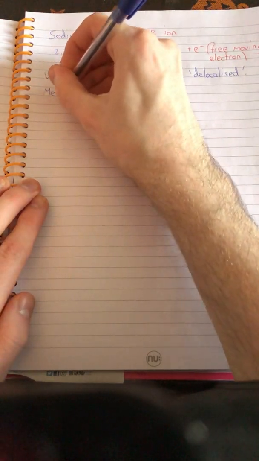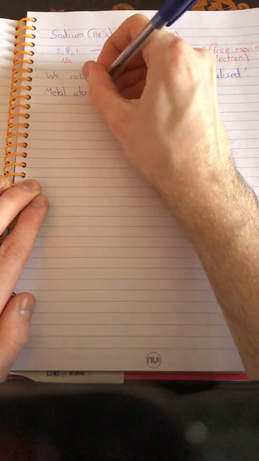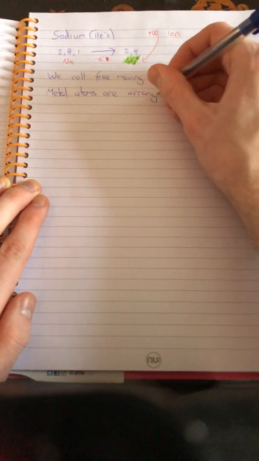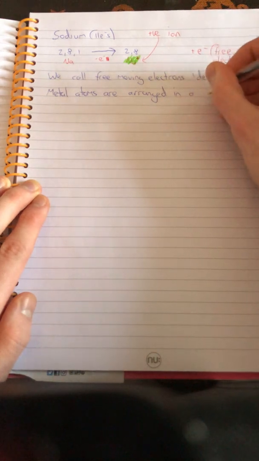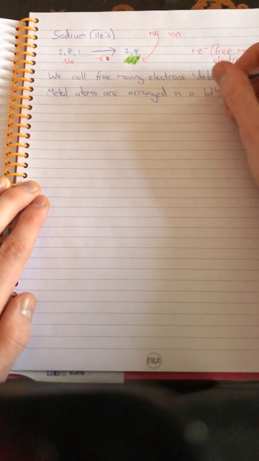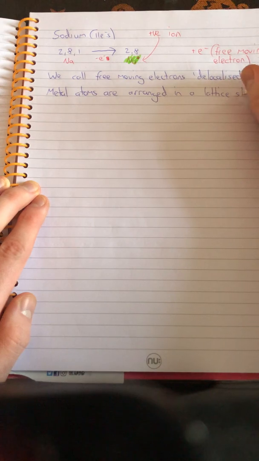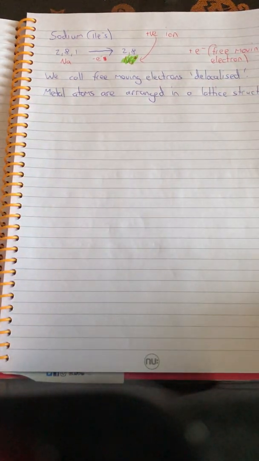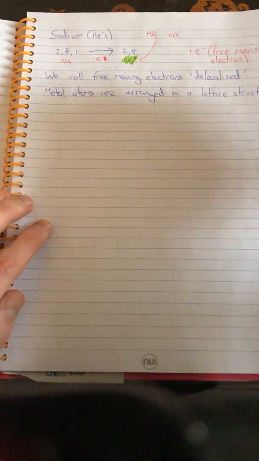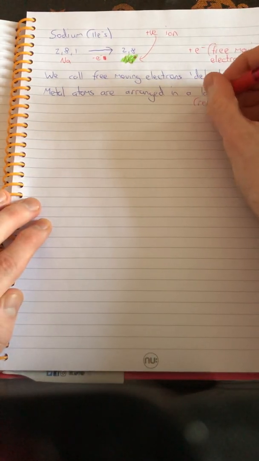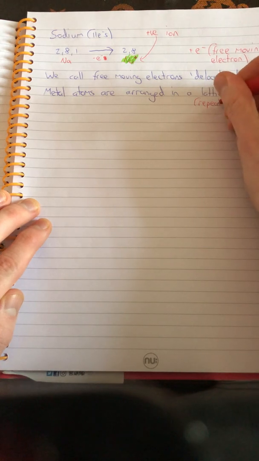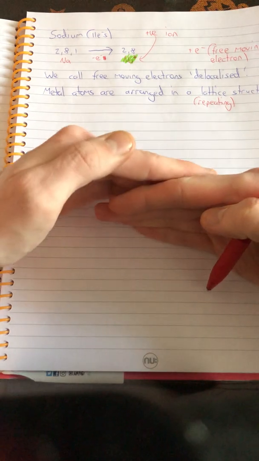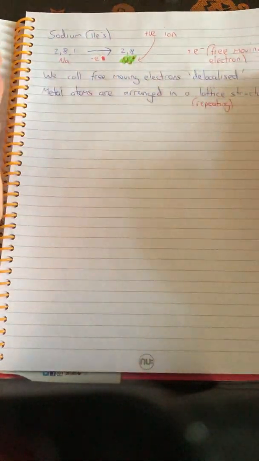So, metal atoms are arranged in a lattice structure. Okay, and what we mean by lattice is just a sort of repeating structure in every direction. Okay, so it repeats going up the way and it repeats going to the left.